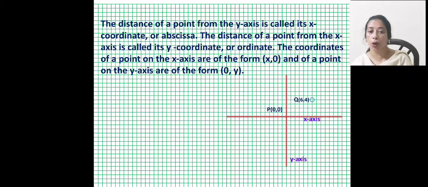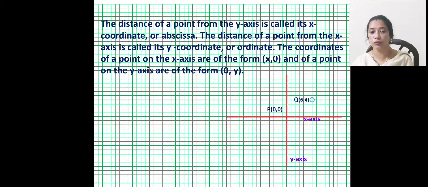That is, its ordinate or the y-coordinate is 4. So, we can say that the coordinates of the point Q are (6, 4), where 6 is the abscissa, 4 is the ordinate. Clear?